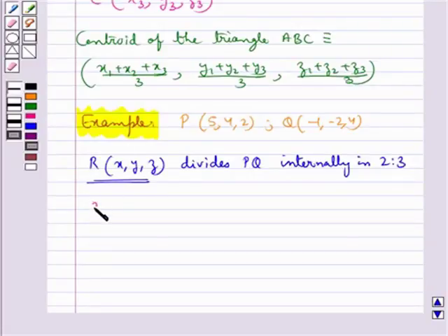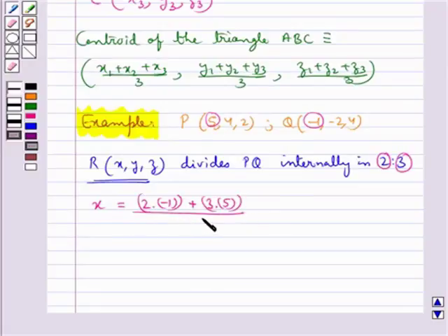Then from the formula, x coordinate would be equal to mx2. Now m is 2 into x2, that is -1, plus nx1, n is 3 and x1 is 5 upon m plus n, that is 2 plus 3.